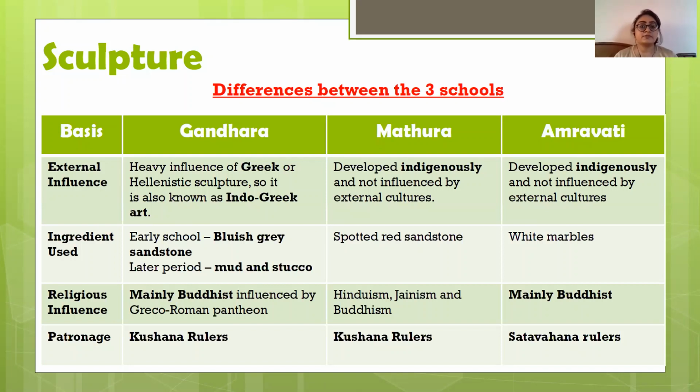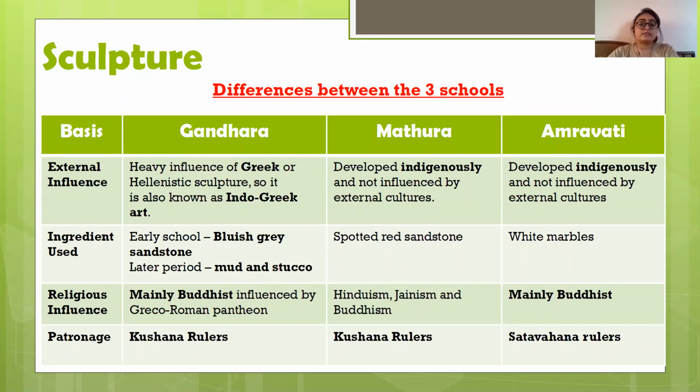So the first basis is external influence, that is, whether any of these schools of architecture and sculpture have been influenced by any external entity. In Gandhara, we do have the influence of Greek art. Heavy influence of Greek or Hellenistic sculpture, as we have seen earlier as well. Do you remember where we have seen the term Hellenistic sculpture?